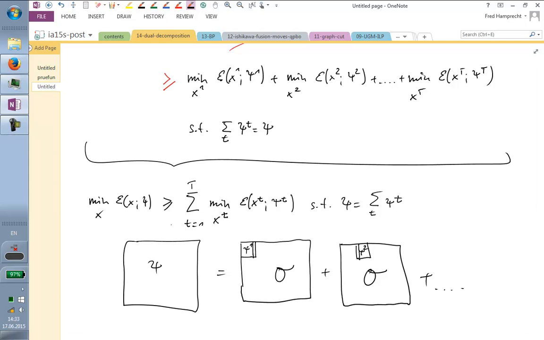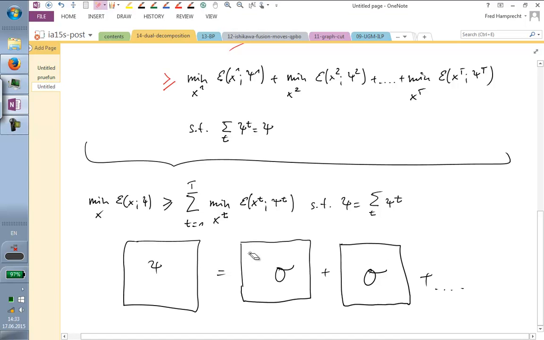So we have 2 extreme cases. One extreme case is where I take just a single factor in every subproblem, and this is actually almost the case that we're going to study in a minute.